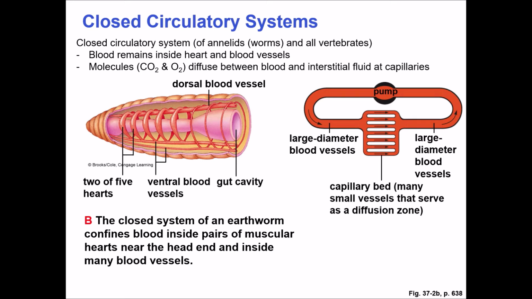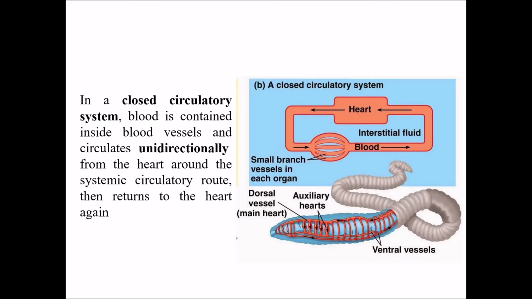There's no other way to move inside the circulatory system. Then it is unidirectional because it moves from the heart to the tissues, then from the tissues to the heart. Normally, depending on the organism, the blood will be oxygenated and then delivered to the organs where the oxygen is needed.